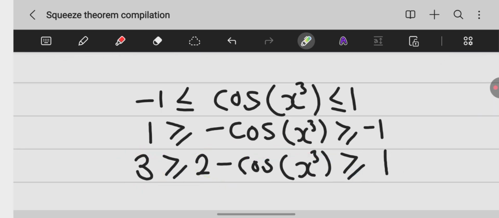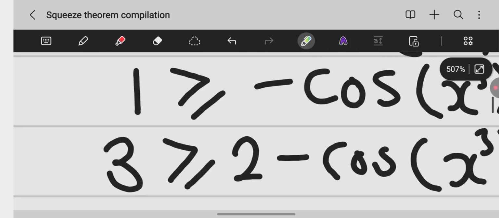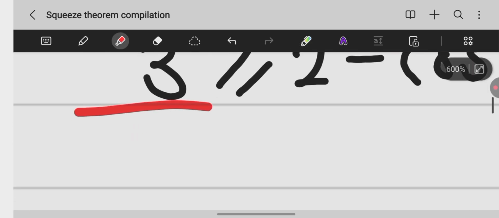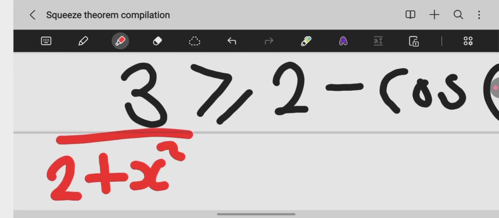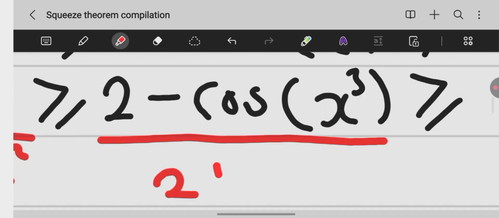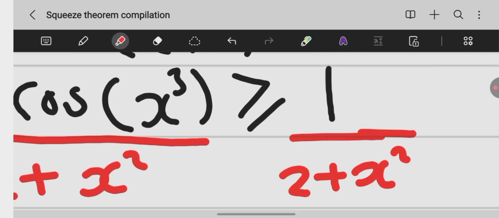If you kind of understand what I mean, you kind of didn't change anything, but you did. So that's what you're doing, right? And then now we're dividing by a positive denominator, so I don't think I really have to write in another step. So that's 2 plus x squared everywhere.